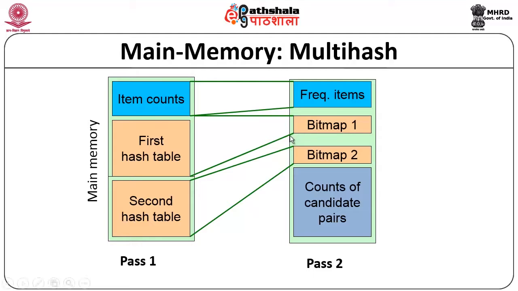Secondly, the same item pair once again will be applied to the second hash function and then hashed to a bucket whose binary vector is equal to 1. In other words, it is going to be frequent. So, now when you take a look at the memory, you will find only pass 1 and pass 2 coming into picture. Thereby, the existing a priori methodology works out very effectively even for very large item pairs.